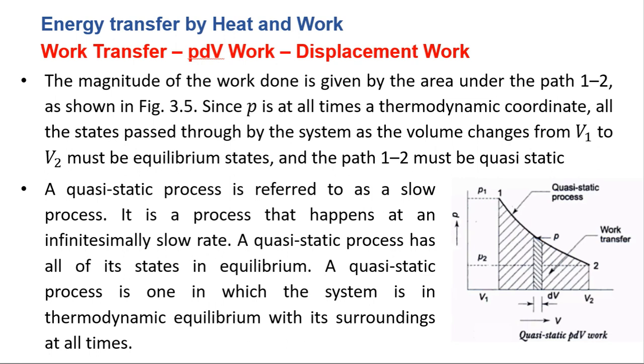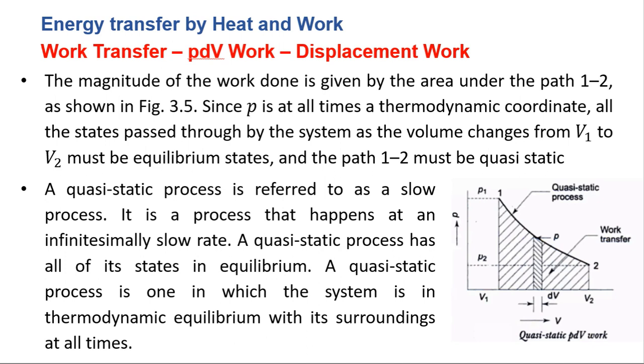Since P is at all times a thermodynamic coordinate, all the states passed through by the system as the volume changes from V1 to V2 must be equilibrium states, as well as must be quasi-static. Infinitesimally small, or slowest.